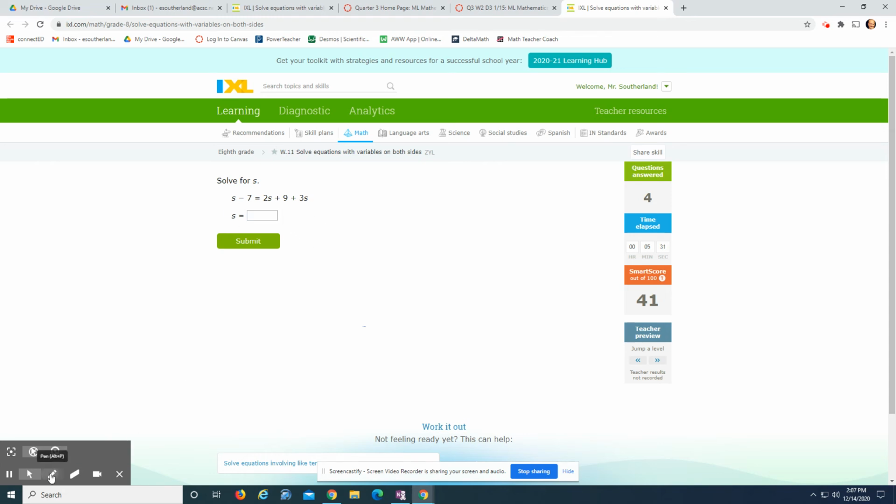So for me, I can see that the first thing I want to do is combine like terms. And so I know that this is going to end up being s minus 7. 2 plus 3 is 5s. And then plus 9 comes along with it. And then I want to move a variable to the left, so I'm going to subtract 5s.